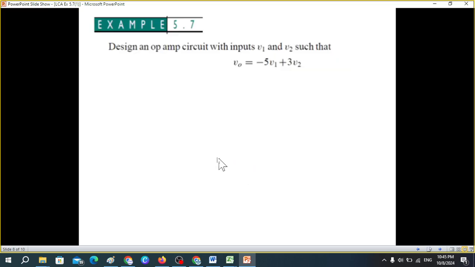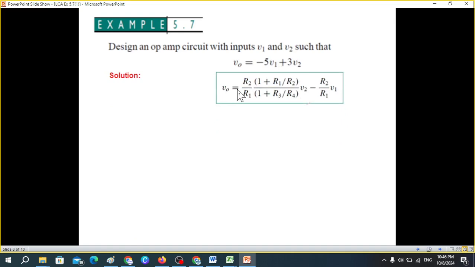Okay, so let's see the example. The first example 5.7 says, design an op-amp circuit with the inputs V1 and V2 such that we get this output. So I hope you remember what was the output formula that we derived. You might have to remember this, manipulate it, or keep it in your cheat sheet.